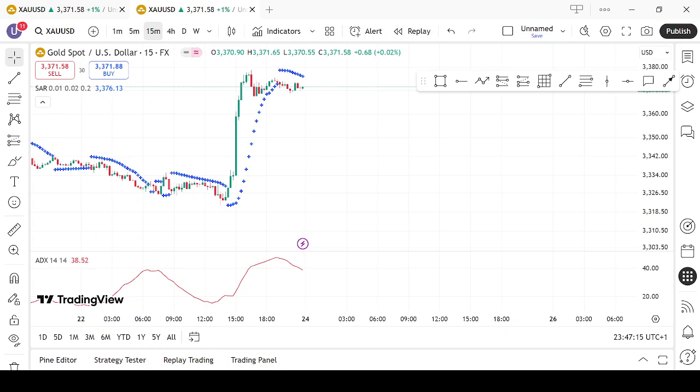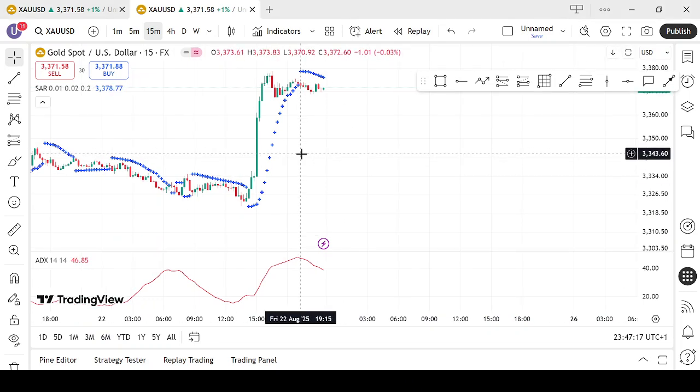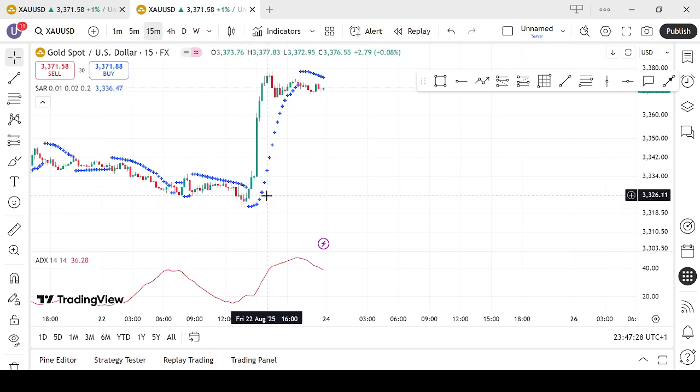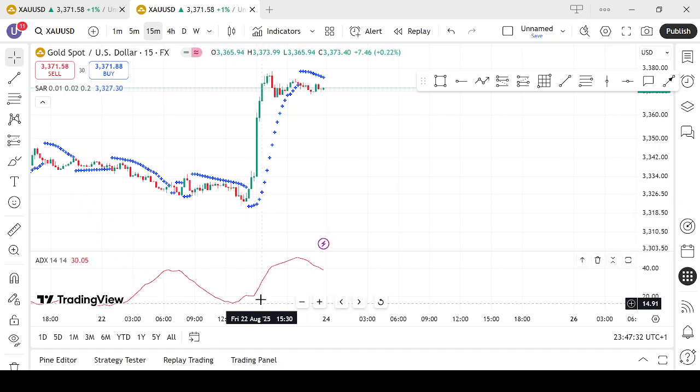So we start by using our 15 minutes time frame to confirm the overall trend direction. And as we can see at this area in the market, the 15 minutes time frame showed us that the parabolic SAR was below price. At that area, it became below price.